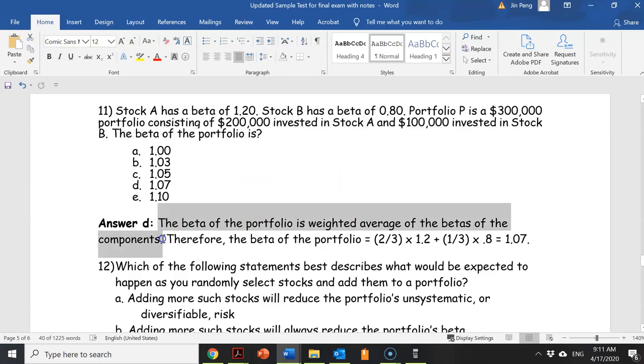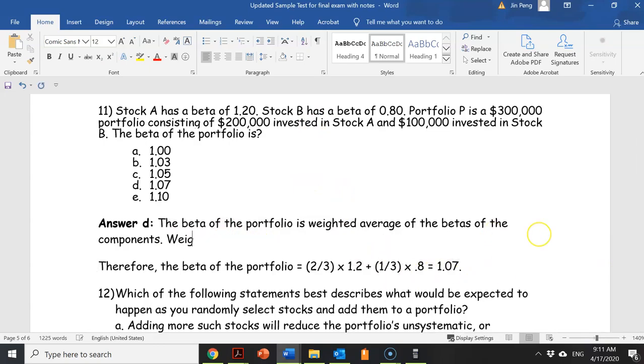The beta of the portfolio is the weighted average of the betas of the components, which is also the sum of the weights for each stock multiplied by the beta of each stock. Therefore, for the beta of the portfolio, we need to solve for the weights first.